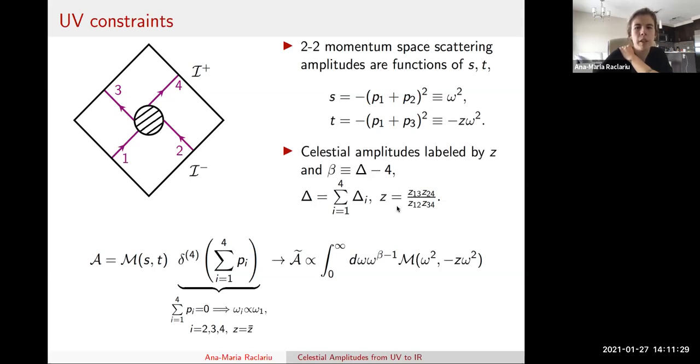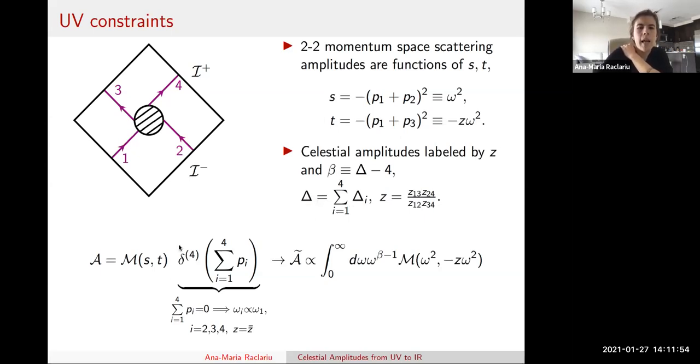These two parameters, as I hinted before, are the conformally invariant cross ratio, Z, which upon parametrizing momenta in the way I showed before, can be shown to be nothing but the ratio between the Mandelstam T and S. They're also going to be functions of the sum of the external dimensions, as argued before.